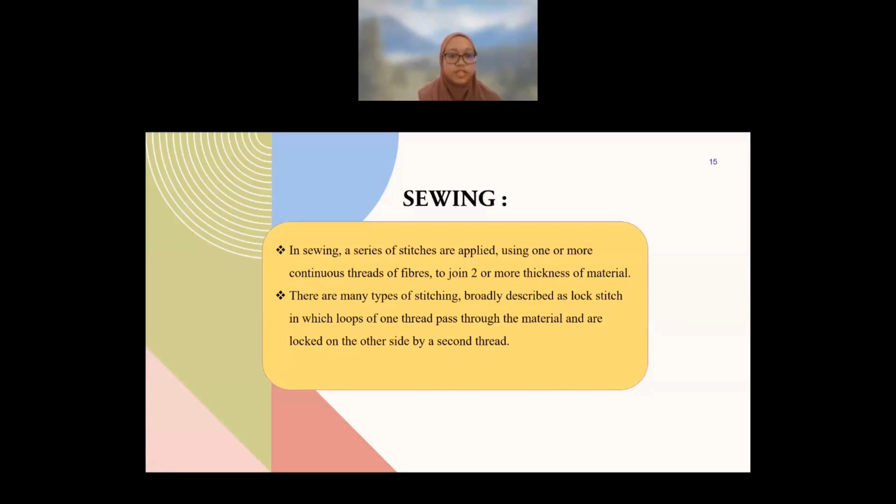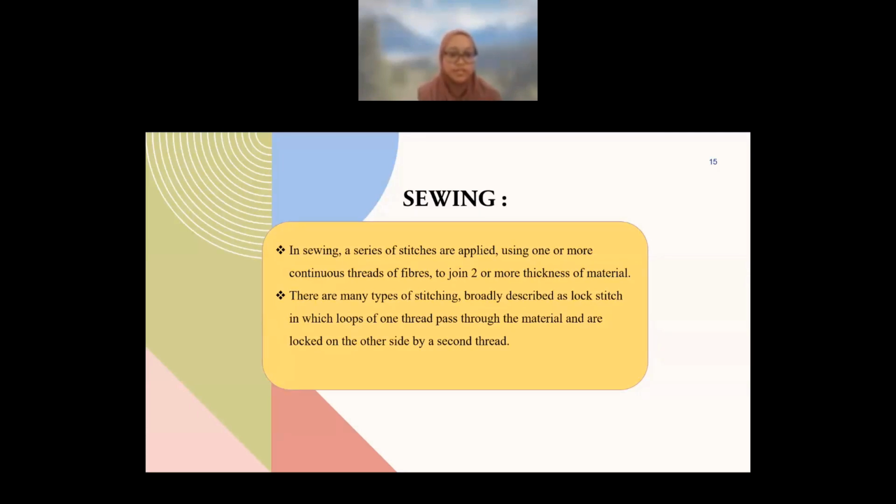Sewing. In sewing, a series of stitches are applied using one or more continuous threads or fibers to join two or more thicknesses of material. There are many types of stitching, broadly described as lock stitch, in which loops of one thread pass through the material and are locked on the other side by a second thread.